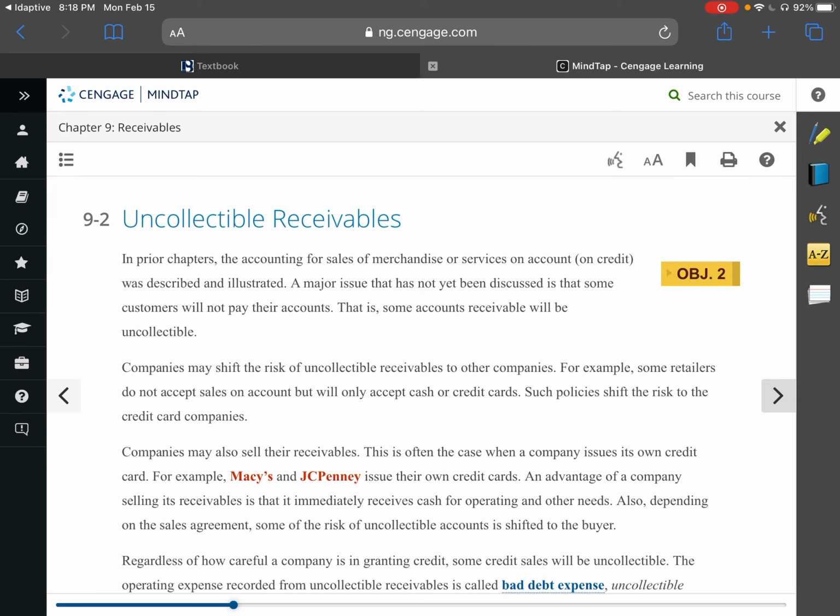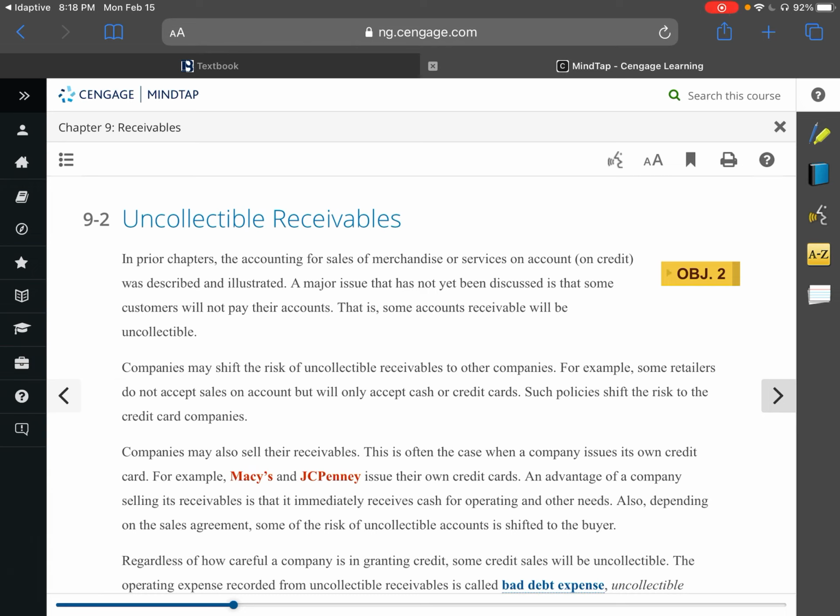All right, so right here it says in prior chapters, the accounting for sales of merchandise or services on account was described and illustrated. So we looked at that in chapter 6. Okay. One of the major issues that we haven't discussed is that customers sometimes choose not to pay their accounts. And when that happens, a receivable is considered to be uncollectible.